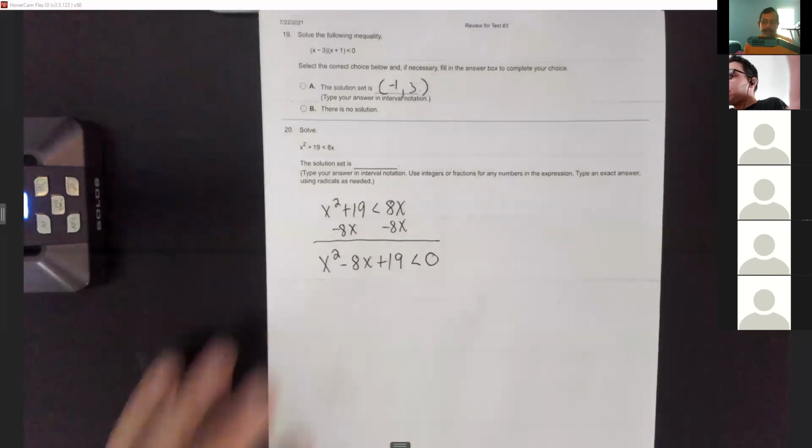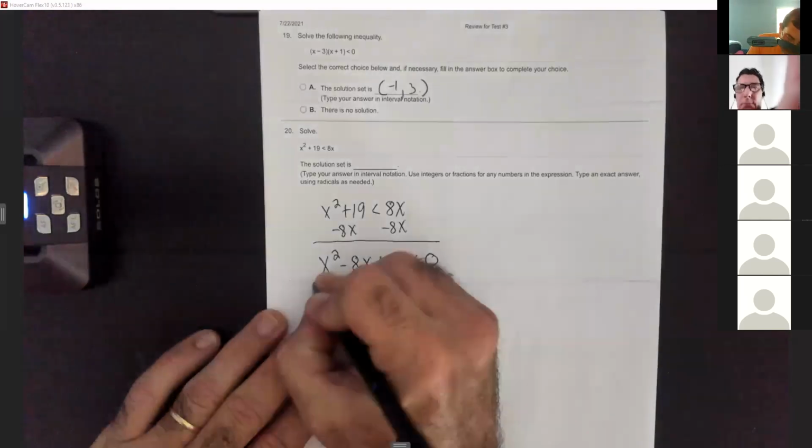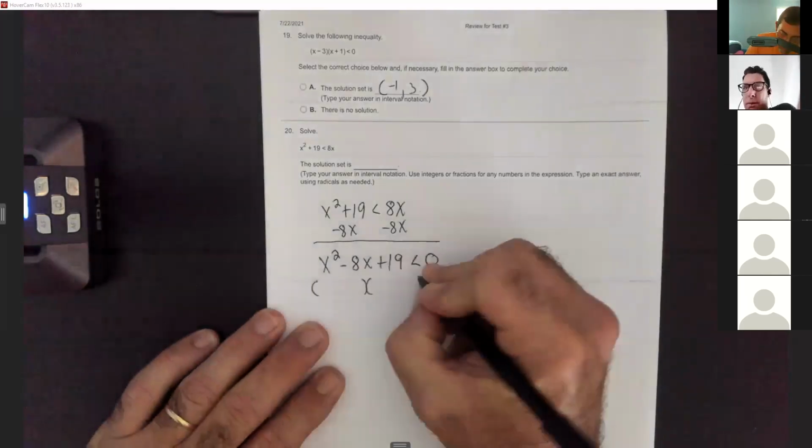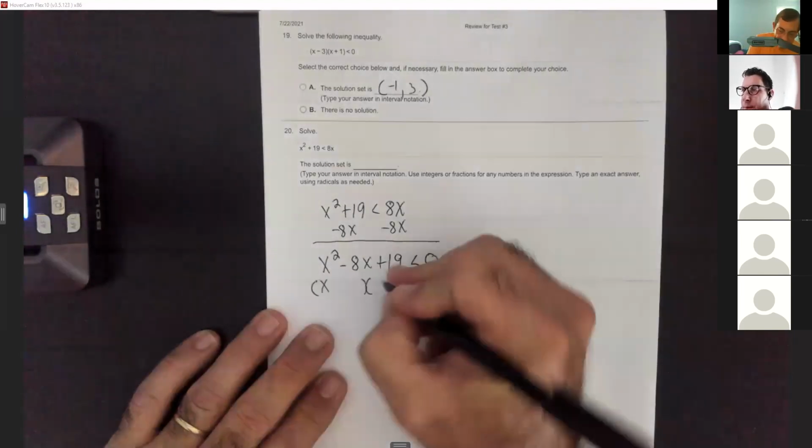At that point, if you're weak at factoring, you can try to factor that. We're looking for answers that are real numbers, okay? We can't have imaginary type answers and all that stuff. So to solve this, I would try to factor that. x² would be an x and an x.